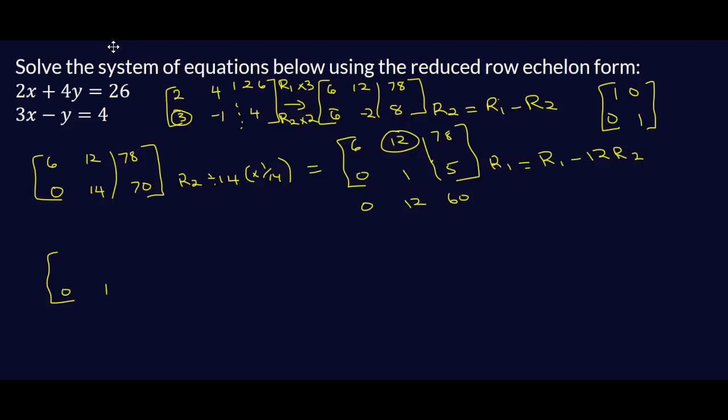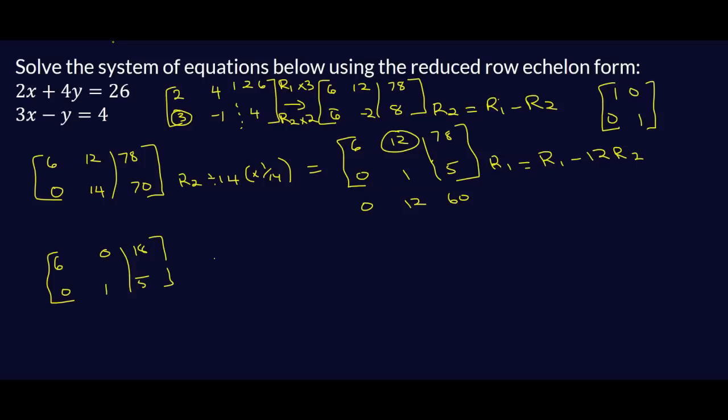So that is 0, 1, 5. And then row 1, we have 6 minus 0, we have 6. 12 minus 12, we have 0. And then 78 minus 60, we have 18.